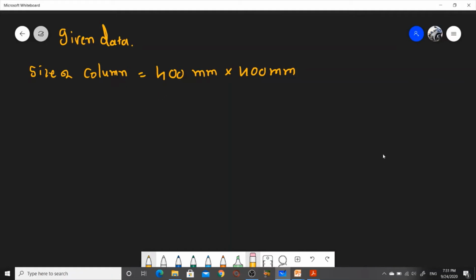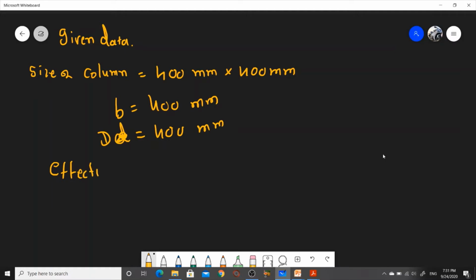Here is the given data. The size of the column is given, so B is 400 mm. Depth is 400 mm, not the effective depth, this is the overall depth. And we have an effective cover of 60 mm.